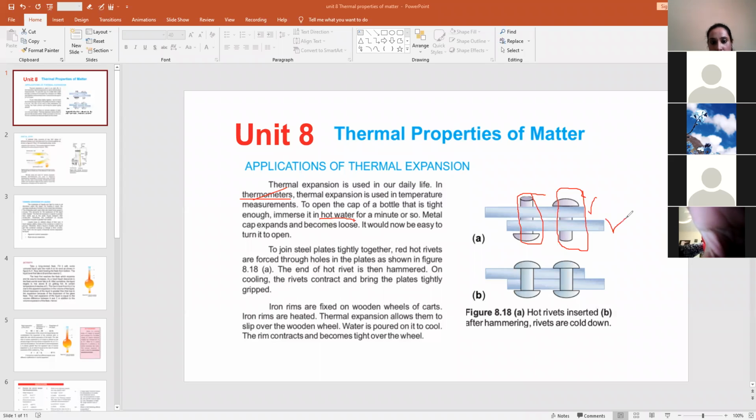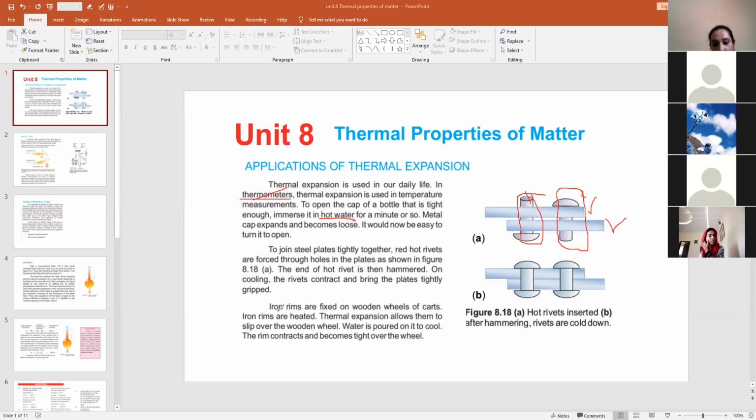To join these plates tightly, we insert these hot drivers inside these holes. We fix these drivers with the help of a hammer, and when the drivers cool, they contract, and in this way the plates are joined together. This is also another application of thermal expansion that we use in our daily life.